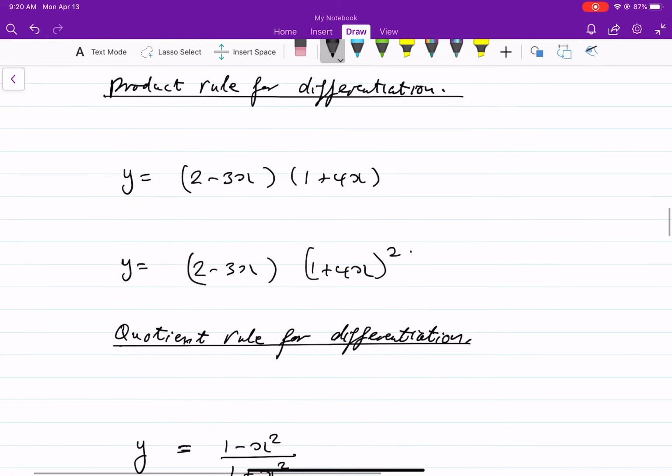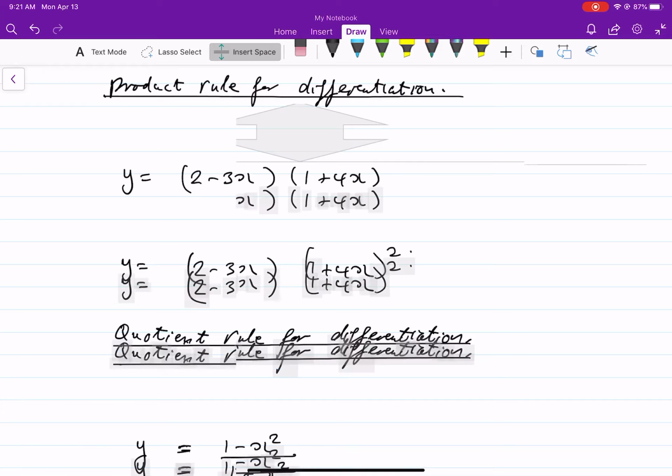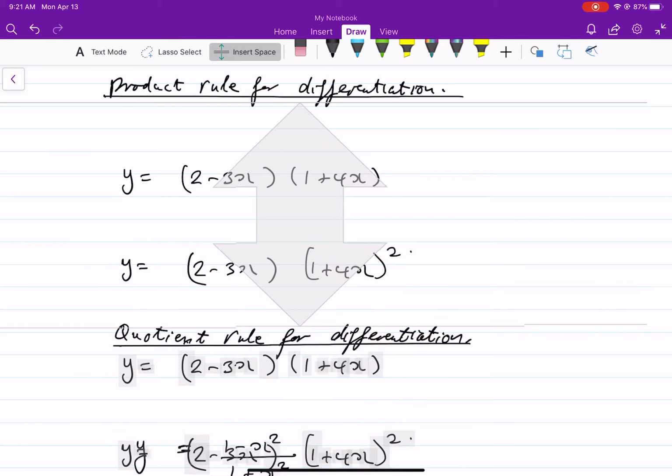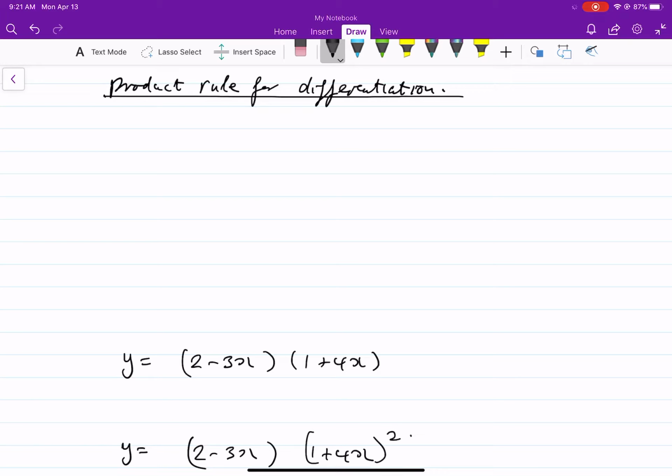which is the product rule for differentiation. The product rule is applied when you're differentiating the product of two functions.